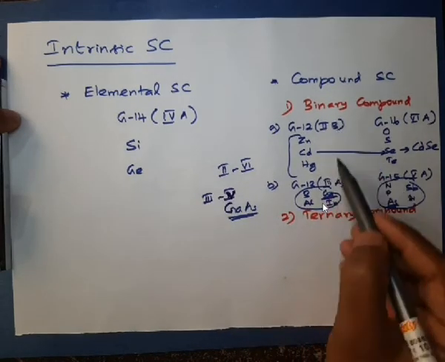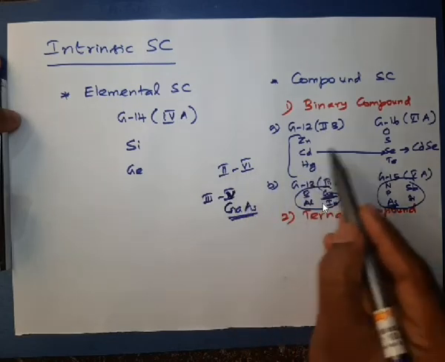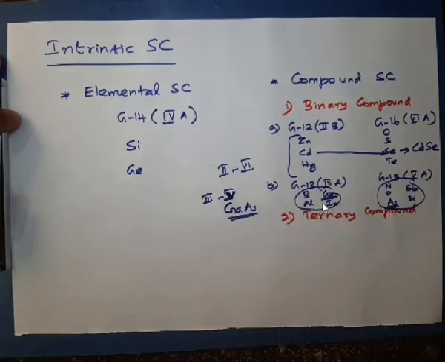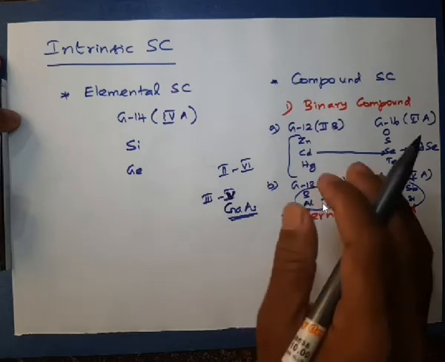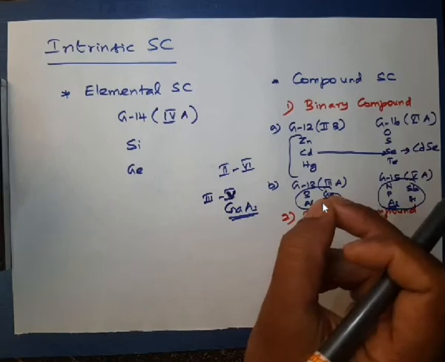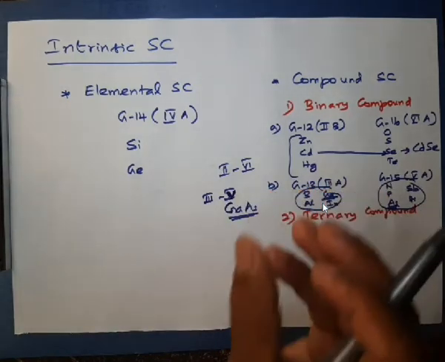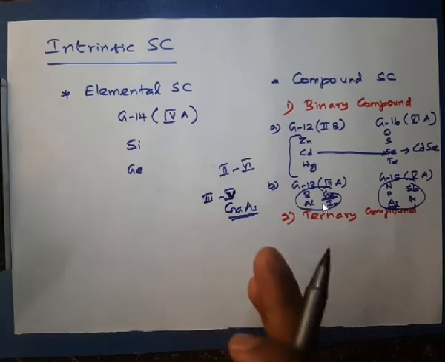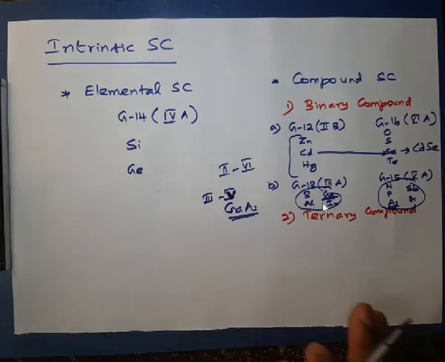So in binary compounds, we have 2,6 compound semiconductors and 3,5 compound semiconductors. By combining two elements we form a pure compound, and that pure material has a band gap less than 3 electron volt, so we call them semiconductors.